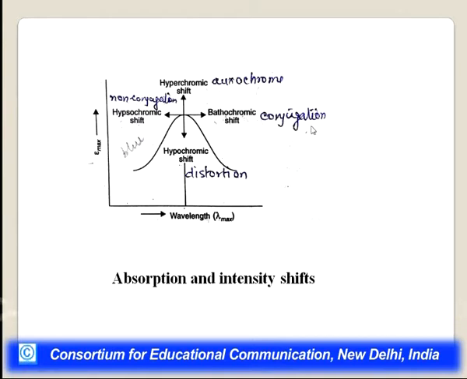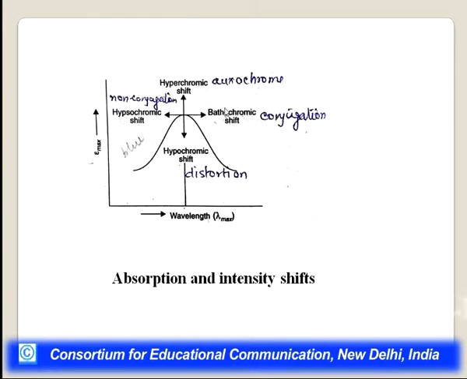If conjugation increases, you will observe the bathochromic shift. If you remove the conjugation, as in non-conjugated systems compared to conjugated, the lambda maximum decreases, and this is the hypsochromic shift.